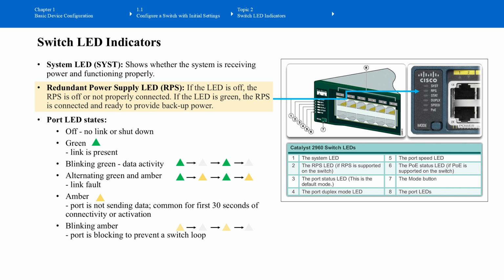In case one power supply fails to provide power, there is an alternative, a backup power supply. So this light indicates whether the backup power supply is connected and receiving power correctly. If the light is off, the RPS is off or not properly connected. If the light is green, the RPS is connected and is ready to provide backup power.